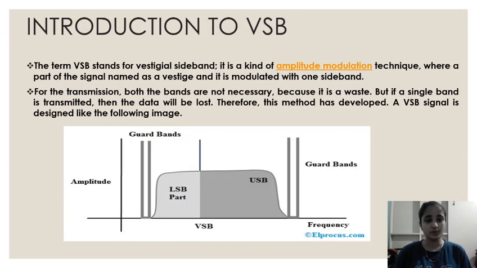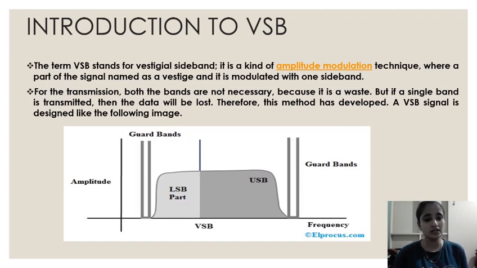Introduction to VSB. The term VSB stands for vestigial sideband. It is a kind of amplitude modulation technique where a part of the signal, named a vestige, is modulated with one sideband. For transmission, both the bands are not necessary because it is a waste. But if a single band is transmitted, then the data will be lost. Therefore, this method was developed.